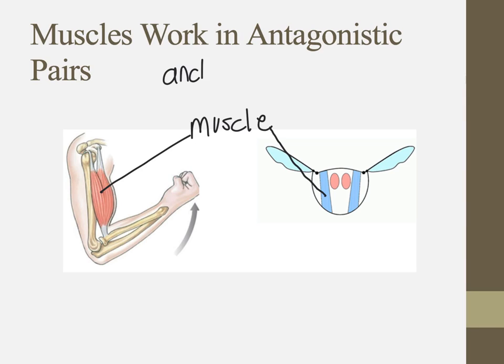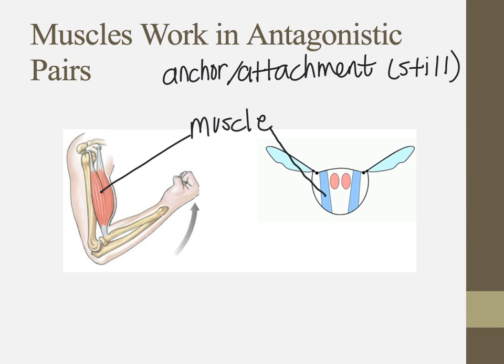Okay, so then we can take a look at the anchor or attachment site. This is going to be the part of the joint that stays still. It does not move. For that, I see some attachment happening here, and for this organism, this is going to happen on the bottom.